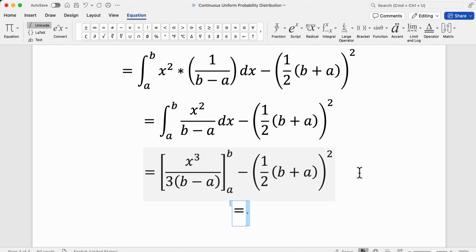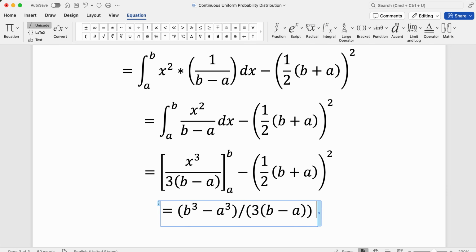All right, and now we do the difference of cubes for this thing. So it's b cubed minus a cubed over 3 times b minus a.